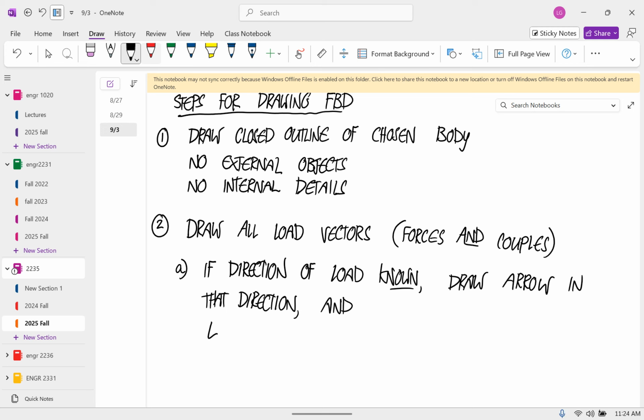And label it with a scalar. Scalar is like a number as opposed to a vector. Value or variable, usually a variable.